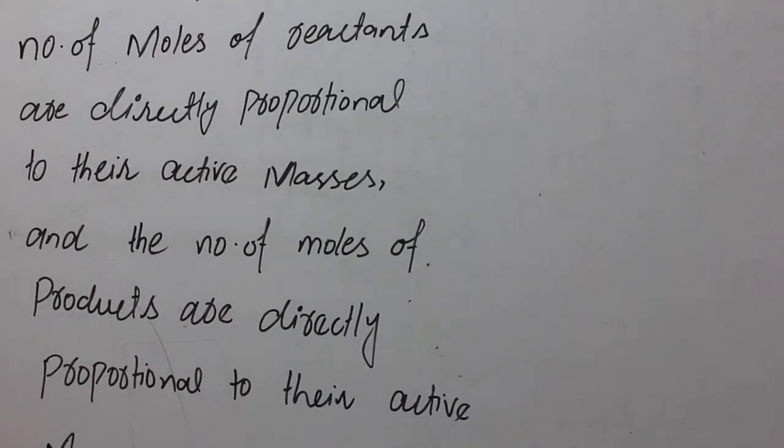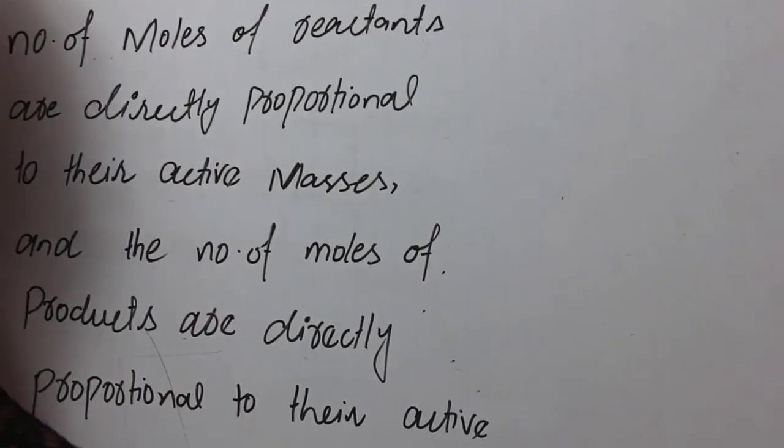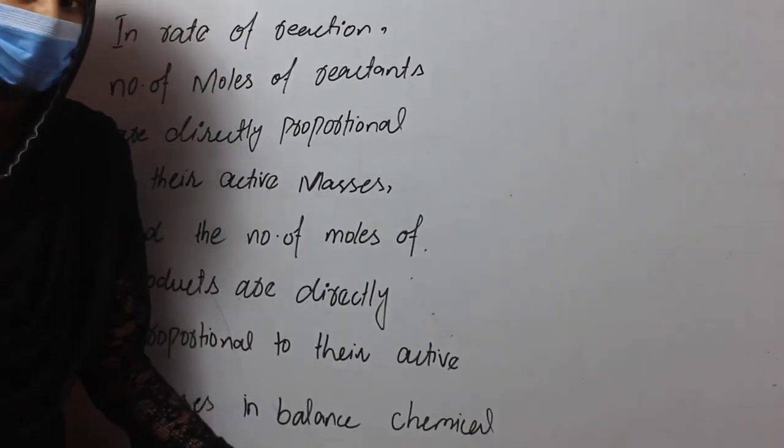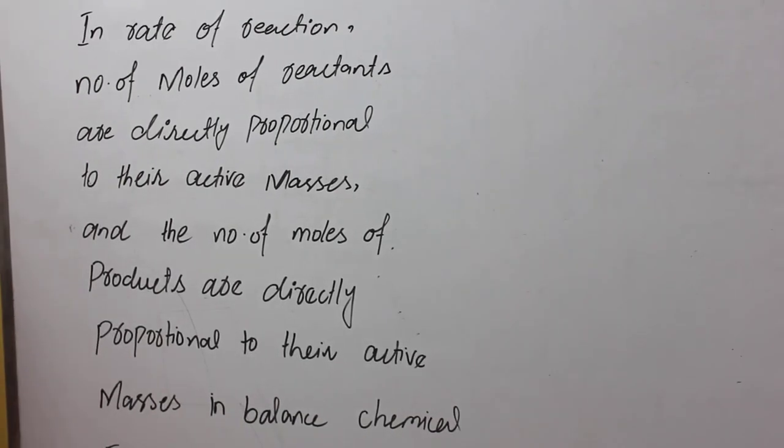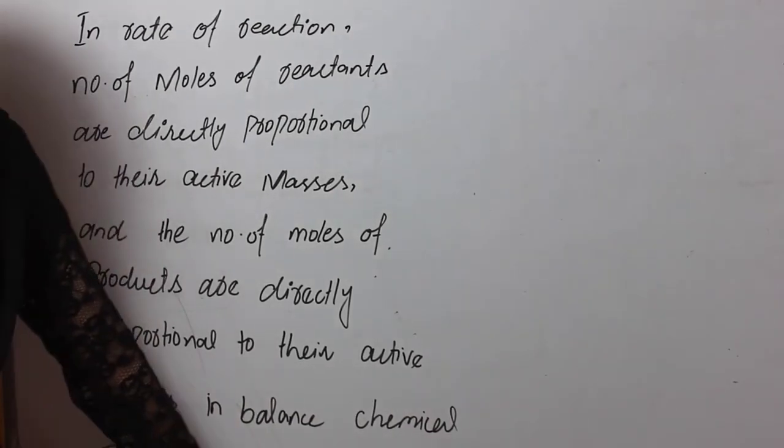And the new and important thing is that they are present in a balanced chemical equation. If we want to attain the equilibrium constant according to the law of mass action, first of all we need a balanced chemical equation.